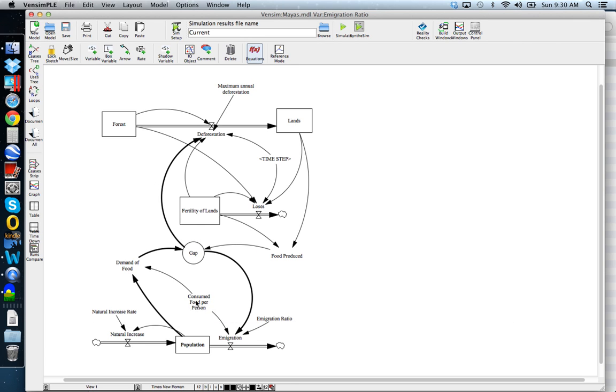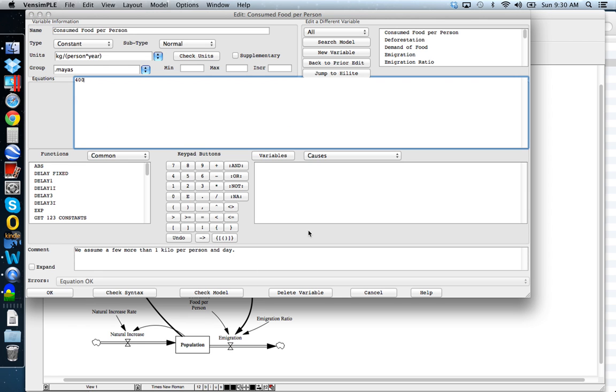So let's take a look at the consumed food per person. Here we essentially assume a given value of 400 kilograms per person per year. This is essentially assuming a little bit more than a kilo a person per day. Roughly, that's what you would eat.